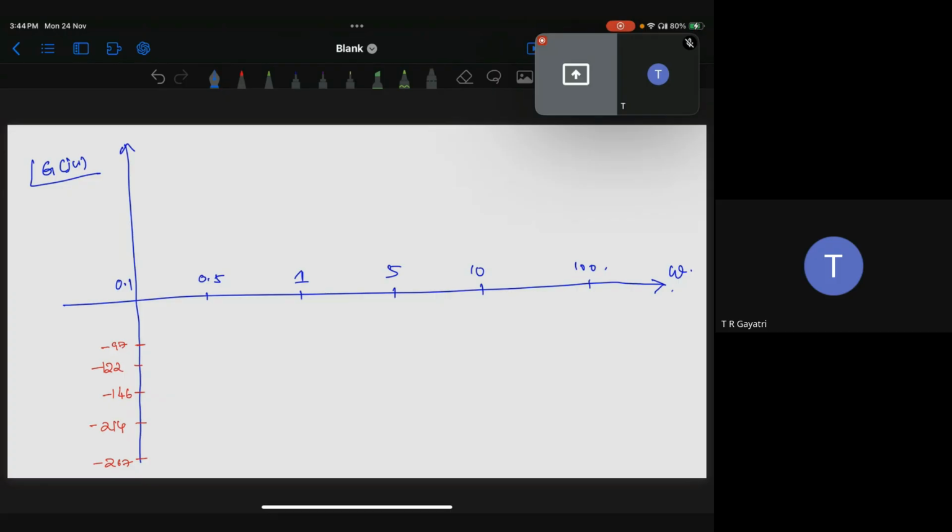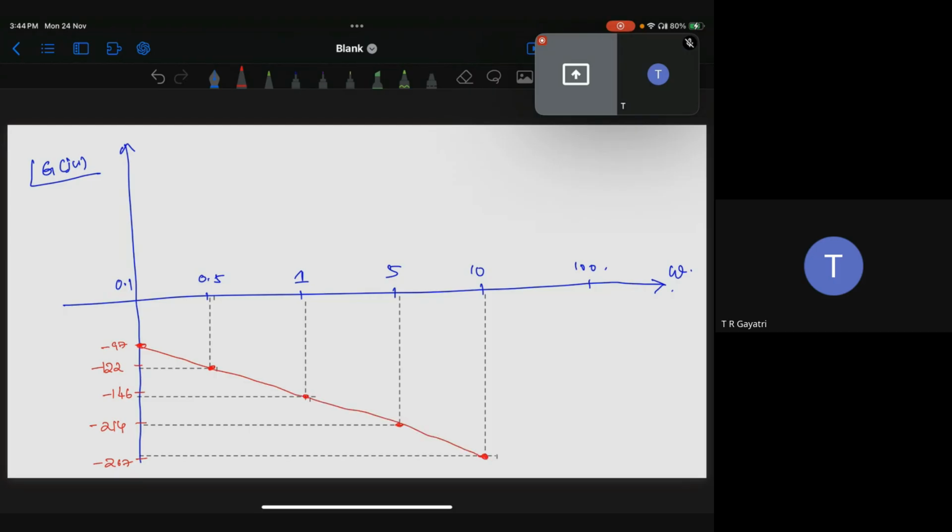Okay, so these are the points. So you can connect them from here. If you connect them one by one, now somewhere here you'll be having your minus 180 line.